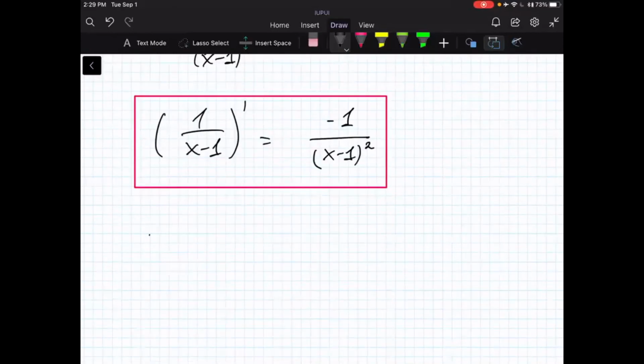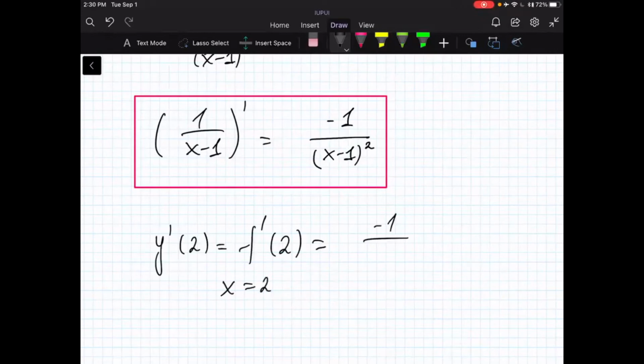So my y prime at point 2 is the same as the derivative of my function at point 2. I substitute x equals 2 into -1 over x minus 1 squared, which is -1.